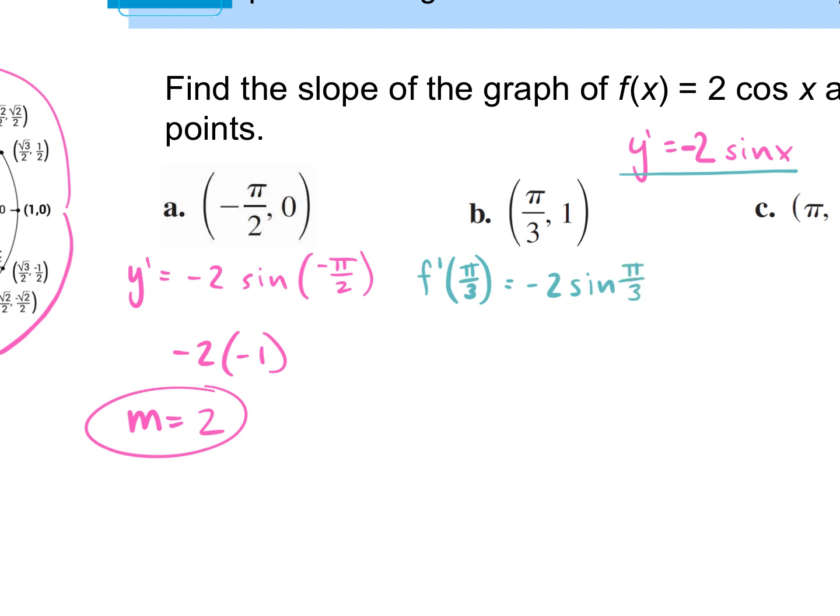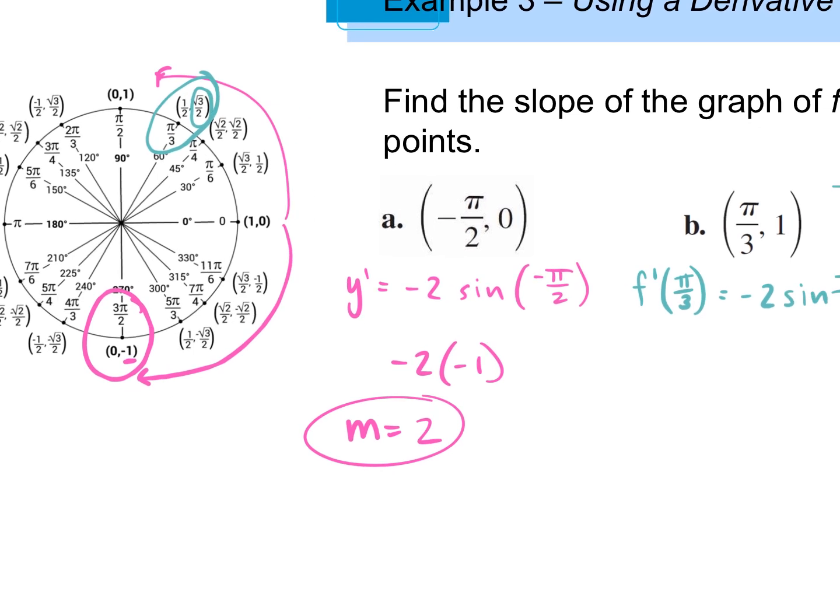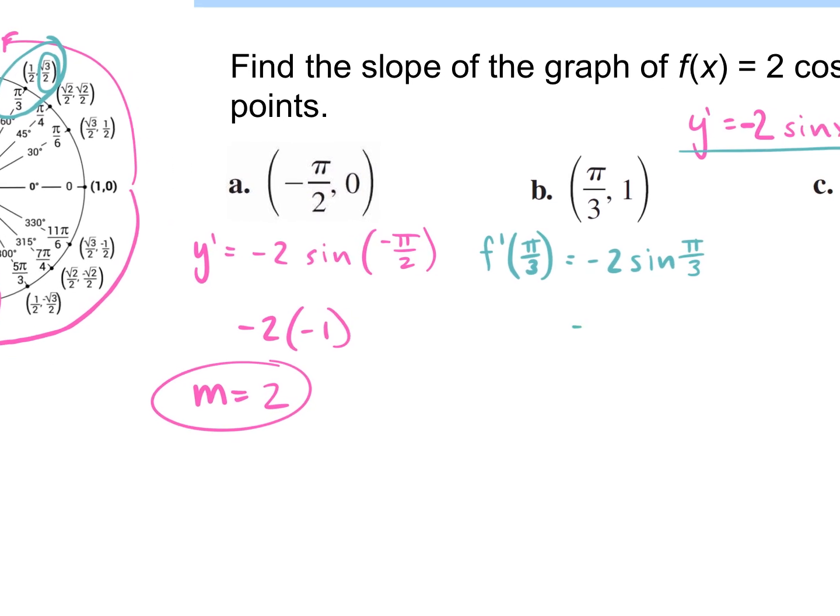So let's look at our unit circle. Let's find what the sine of pi over 3 is. We're going to go to pi over 3. Sine tells us we look at the y value, so square root 3 over 2. So we have negative 2 times square root 3 over 2. So this would give us a slope of what? Negative square root 3. Awesome.